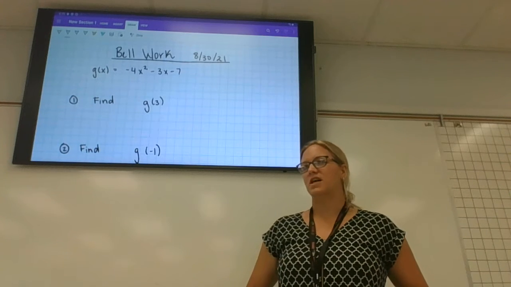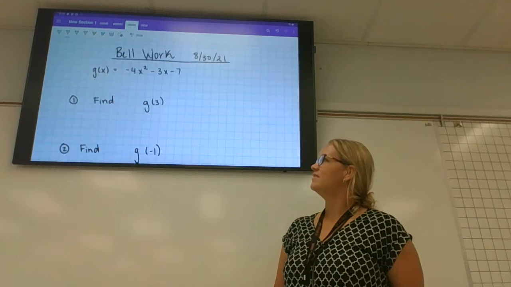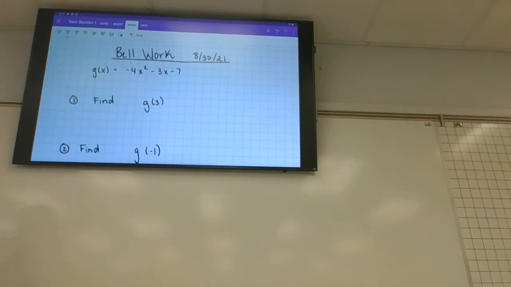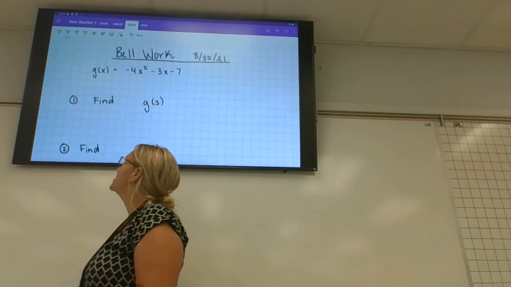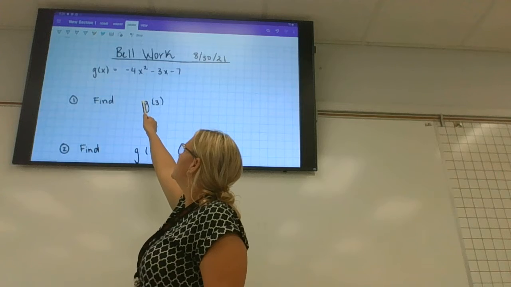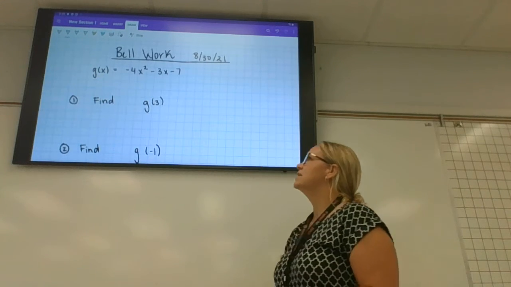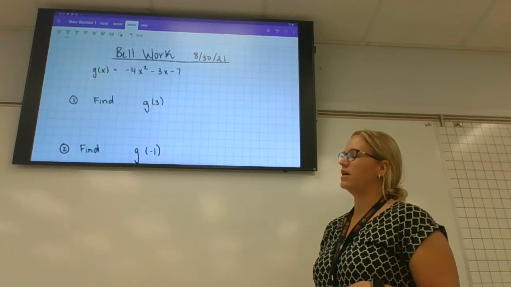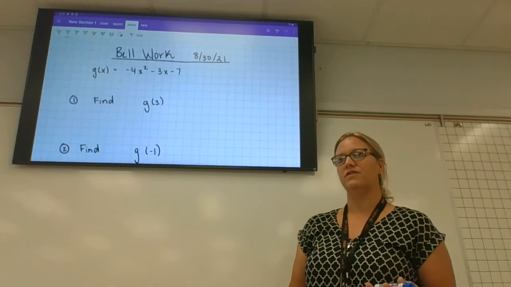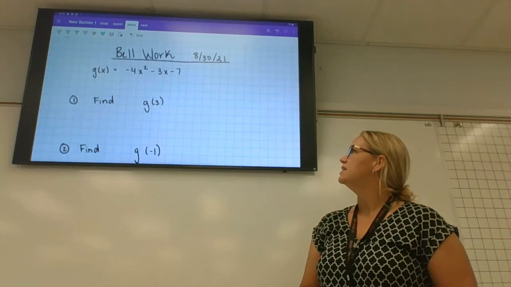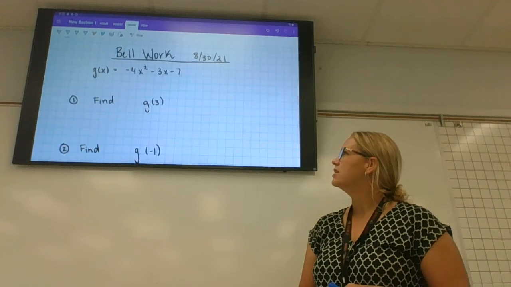All right. So we talked about function notation on Friday, and so we talked about functions having names. So this function is called g of x, and we can name a function with any letter that we want. Most often they're f of x, f for function, but sometimes they're g, sometimes they're h.